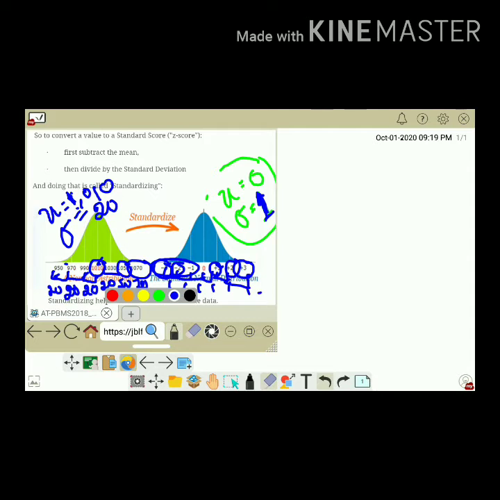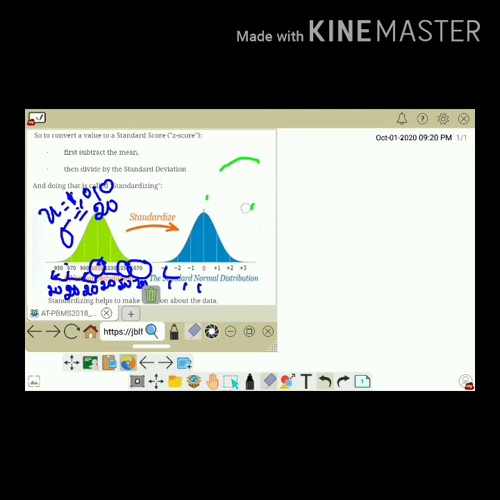Okay. So again, the positive values for your standard normal curve represent the values to the right, meaning the values there are above the mean.